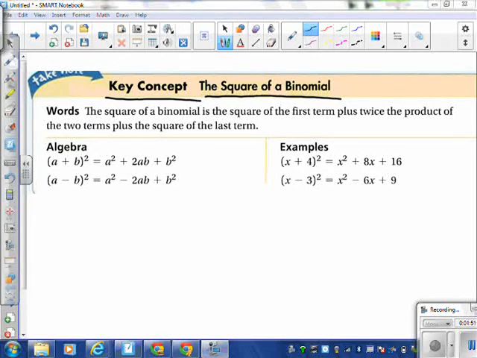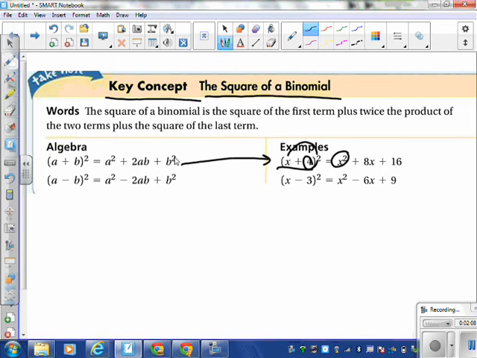So looking at a problem with numbers, we're given x plus 4, that quantity squared. So I'm going to put the 2 with the x, and square the x, putting the 2 with the 4. 4 squared is 16.